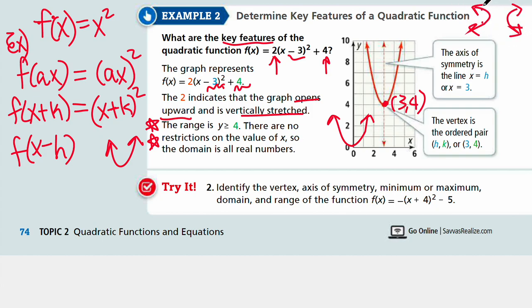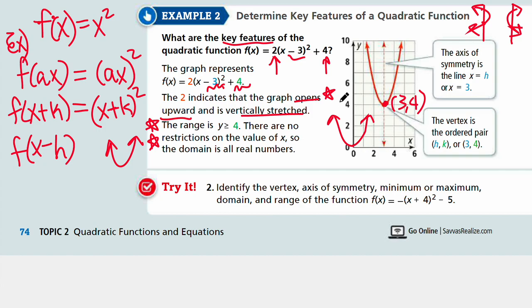Those graphs fail the vertical line test, right? By the definition of a function, it fails to be a function because one input has more than one output. So you need to talk about the direction where it's opening, upward or downward.